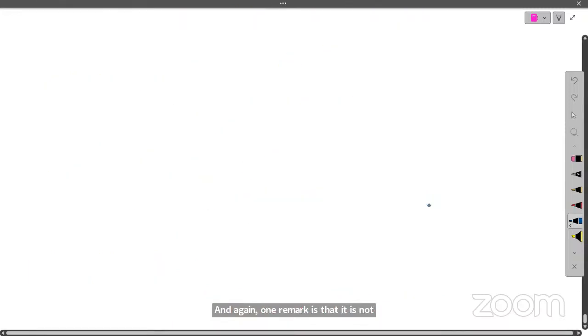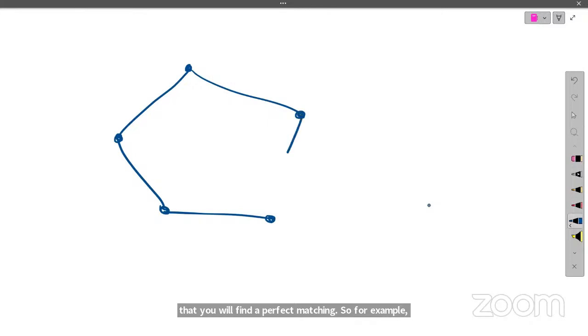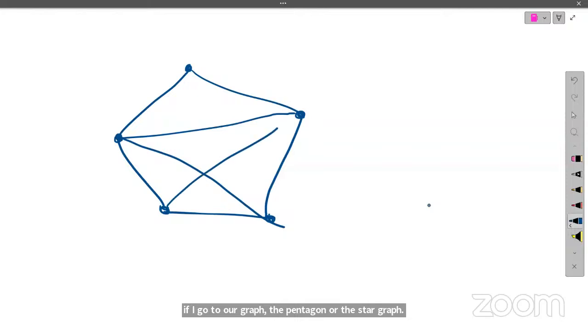So for example, if I go to our graph, the pentagon or the star graph, now here you cannot find a perfect match. Suppose I take any edge. If you consider this edge in your matching, then these two vertices are covered, right?